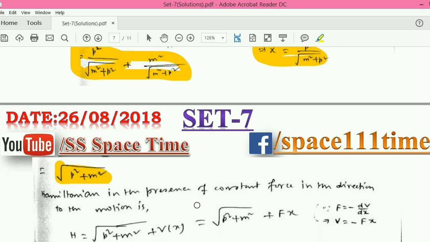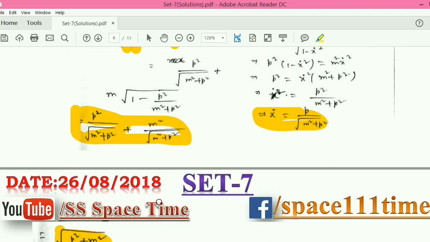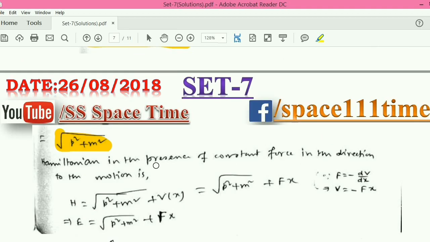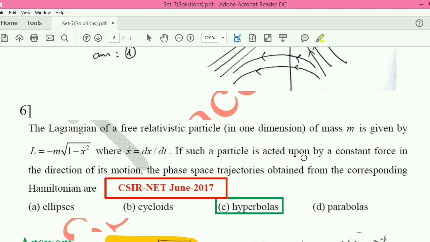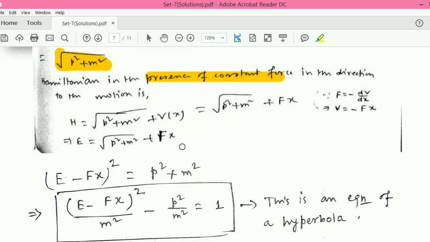Hamiltonian in the presence of constant force in the direction of motion is, so Hamiltonian equals to this, and in presence of constant force, which is given in the question, an additive term is added here, V of x. Now constant force, F equal to minus dV/dx, therefore V equals to minus F into x.